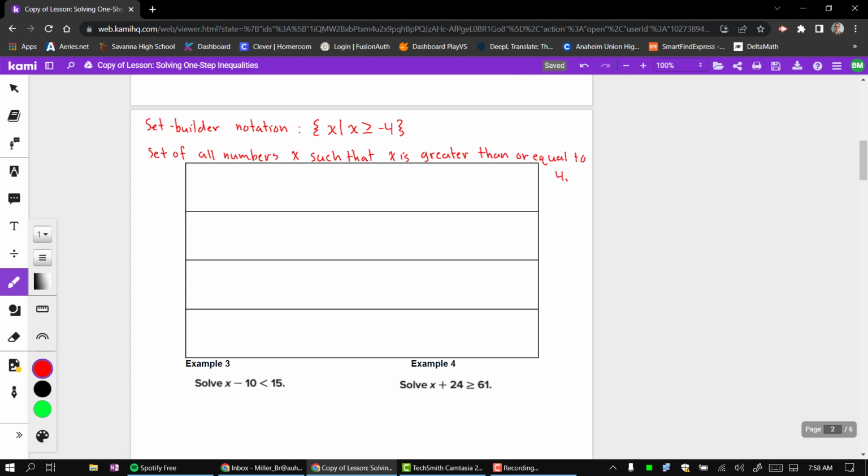But the big one is right here, x such that x is. So set of all numbers x such that x is. That's this part right here. This part is going to change depending on the problem that we're looking at.